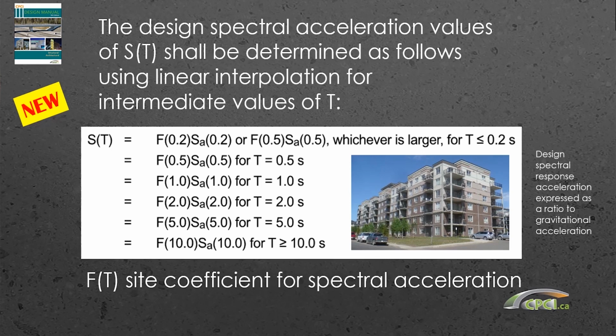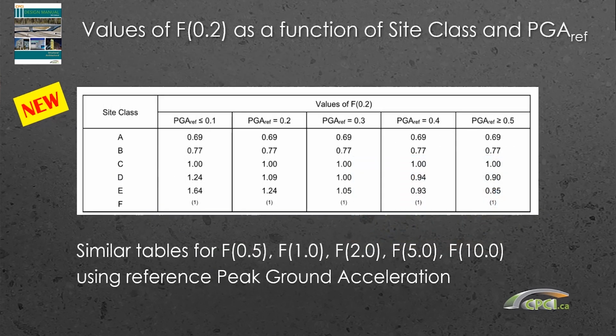So there's several tables in the CPCI manual now for F at 0.2, 0.5, 1, 2, 5, and 10 seconds that look like this, and they are all now a function of site class. Site class C is always the reference, so you'll see it has 1s. That's the sort of reference soil used by the NBC, and then the factors either go up or down from there.